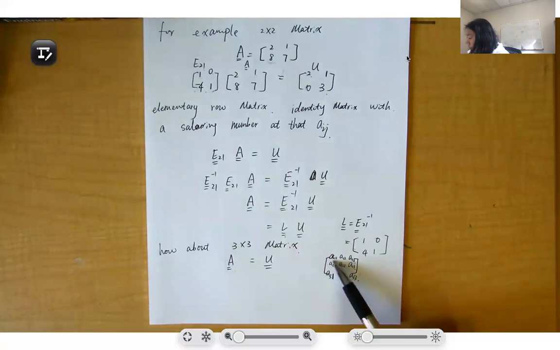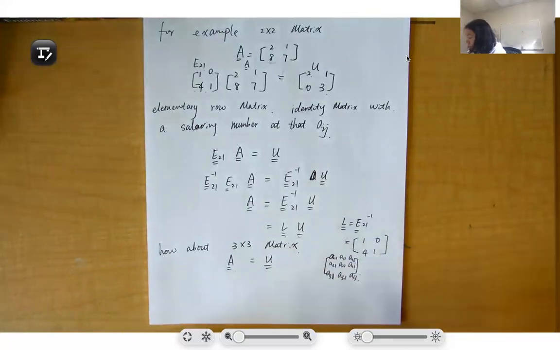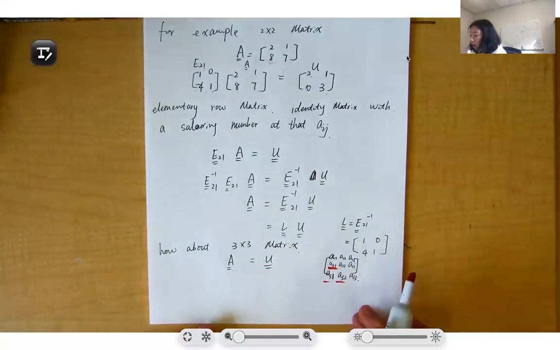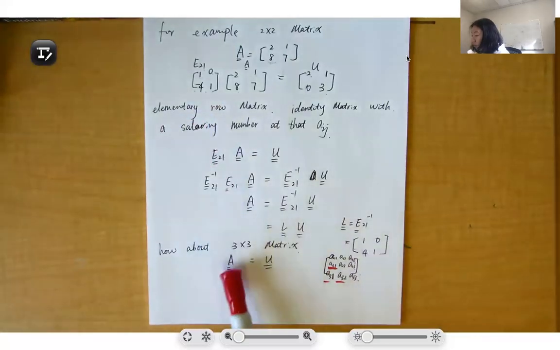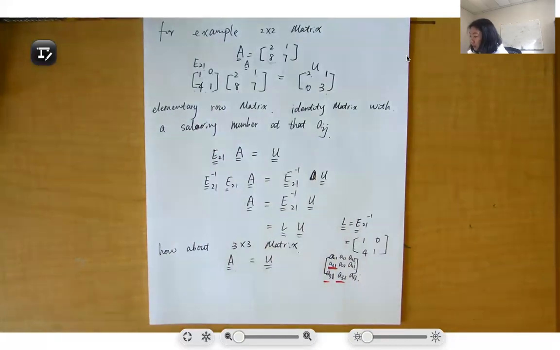You need to apply on this element, this element, and this element, right? So you need to apply 3 elementary row matrices to convert this A to an upper triangular matrix. And what are those row operation matrices?